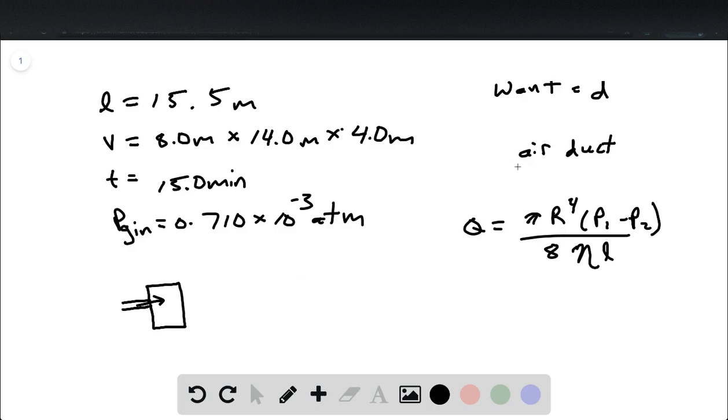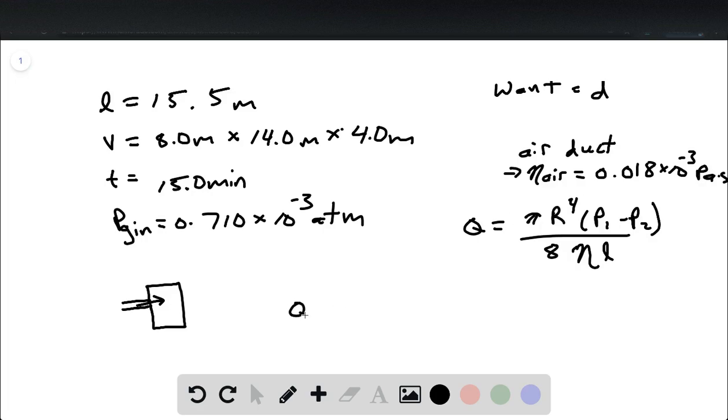And because we are talking about air, that means we need the viscosity of air. You can find this in a table in the textbook. So this is another piece of given information. And the units for viscosity are pascals times seconds.